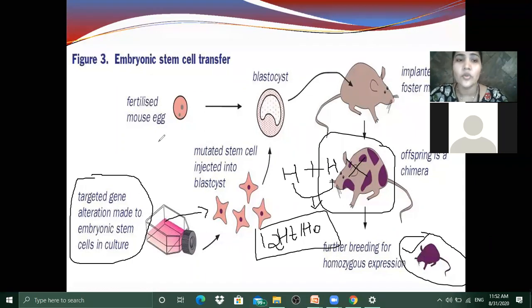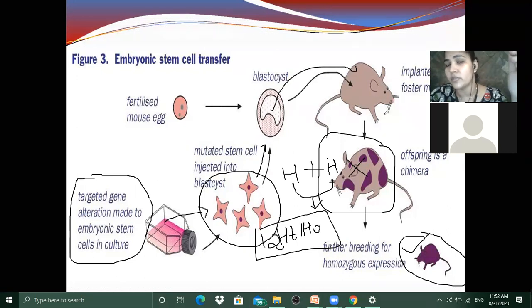So very simple. Basically, you're modifying the embryonic stem cells only. Then you are inserting these embryonic stem cells at a certain phase, which is called the blastocyst. Then this blastocyst will be implanted into the foster mother.